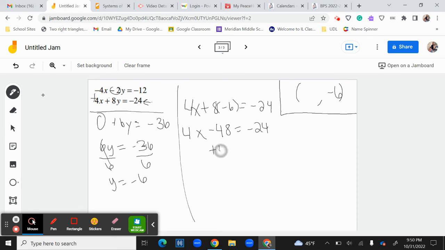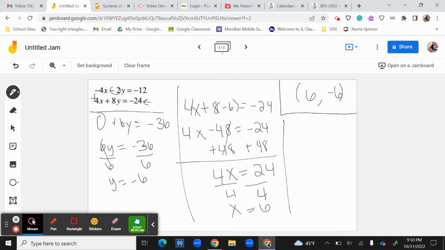From there, I'll add 48 to both sides. And I'm left with 4x equals positive 24. Divide by 4. X equals 6. So my answer is 6, negative 6.